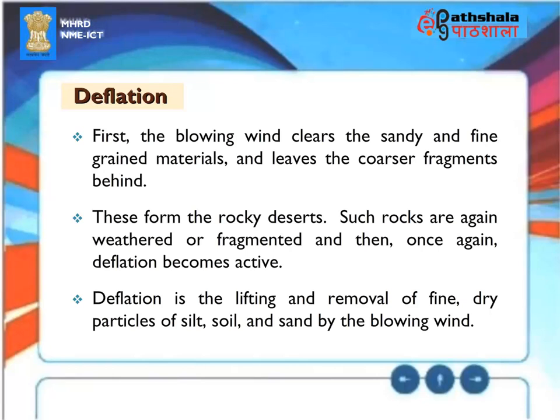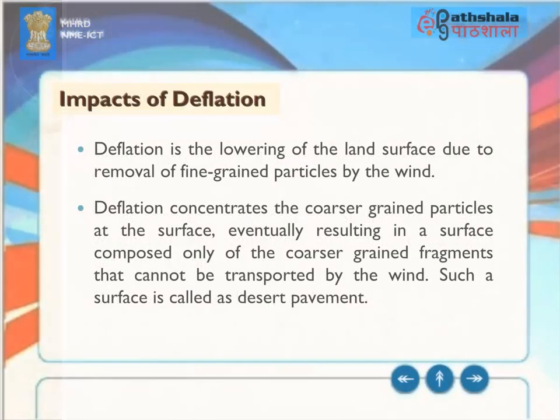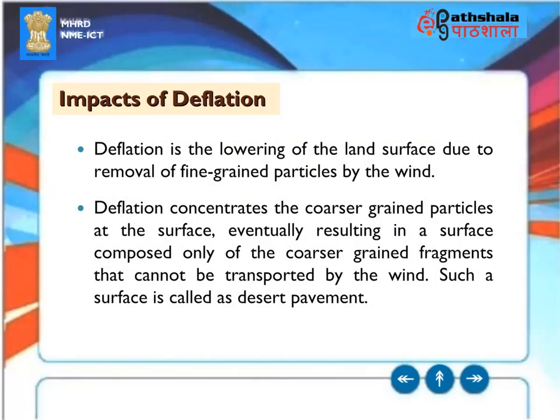Such rocks are again weathered or fragmented, and then, once again, deflation becomes active. Deflation is the lifting and removal of fine, dry particles of silt, soil, and sand by the blowing wind. Impacts of deflation.